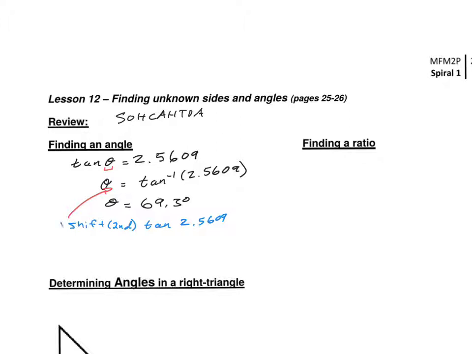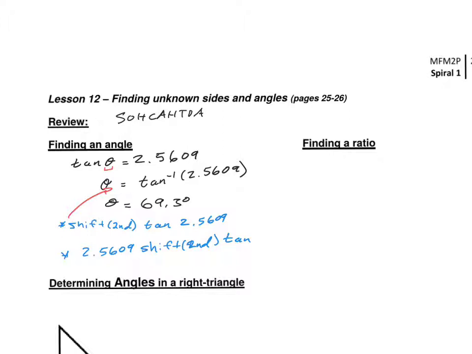Now, on some other calculators, you have to write 2.5609, and then you have to hit shift, which is second function, tan.